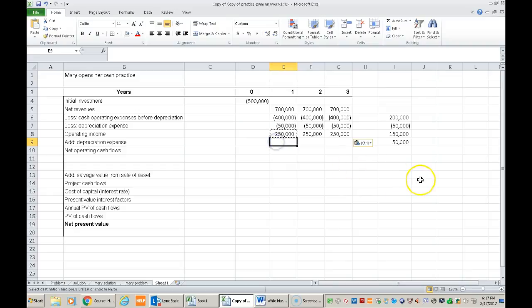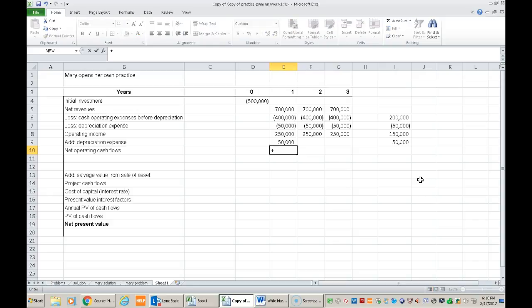However, as you may recall, depreciation is a non-cash expense, right? When we book depreciation, we debit depreciation expense and we credit accumulated depreciation, but there is no cash involved. So if we're looking to see the net present value of her $500,000 investment, we need to add back that depreciation, $50,000.